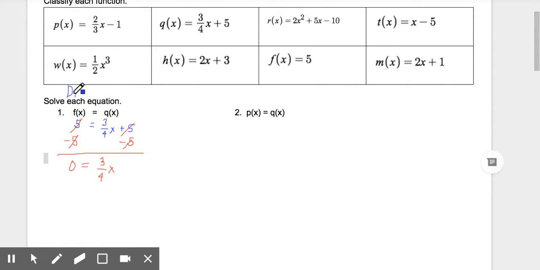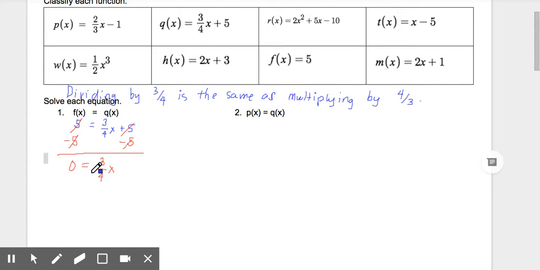Okay, dividing by 3/4 is the same as multiplying by 4/3.